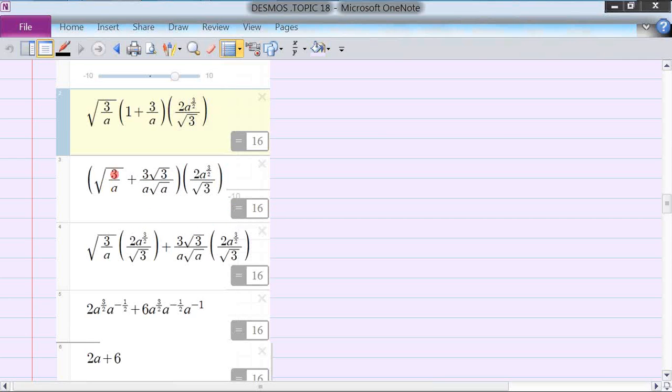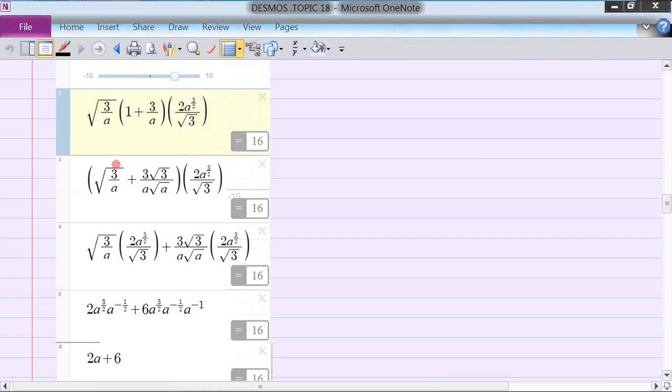Now I'm going to multiply this term by this one, add this one times this one. So root 3a times this one gives me this right here. And then I'm going to do plus, which is this plus here, and I've got to multiply this times this. This is like saying a plus b, and this is c.